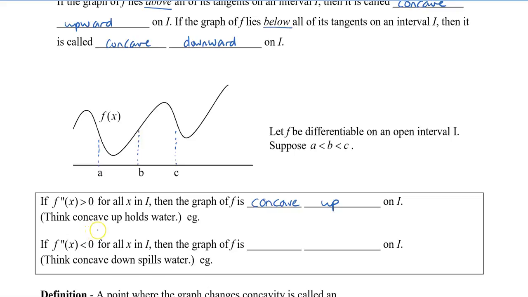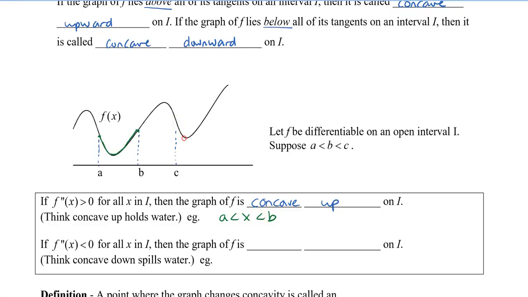So think of concave up as holding water. So this would be from this point A to this point B on the graph. So we see that A is less than x is less than B. So when x is between A and B, it's concave up.